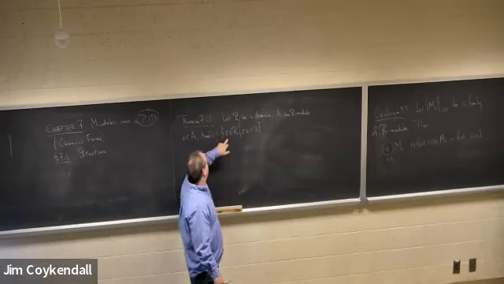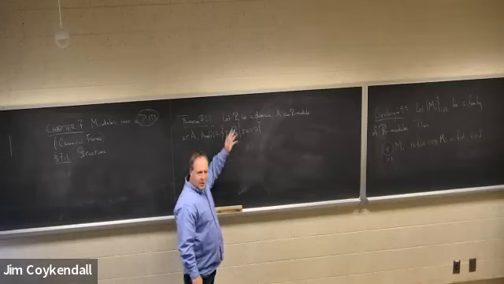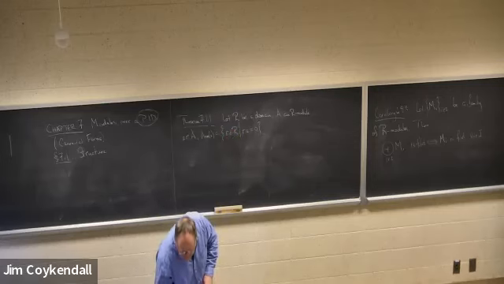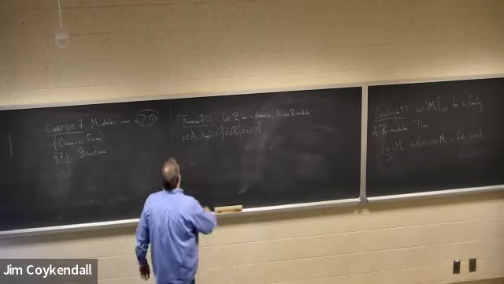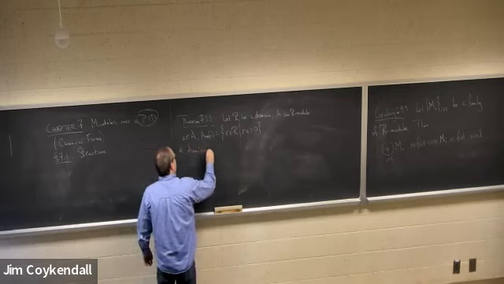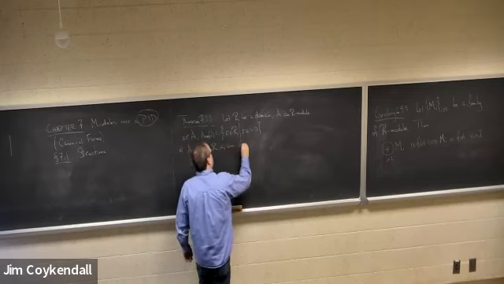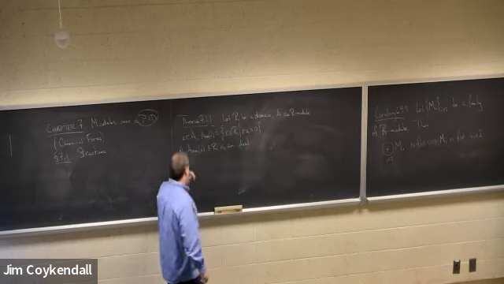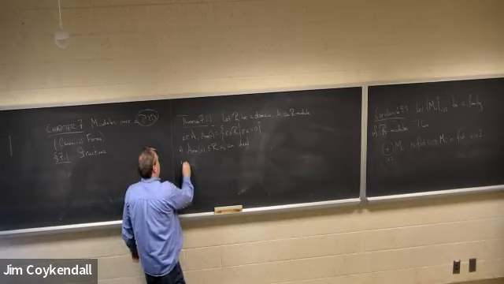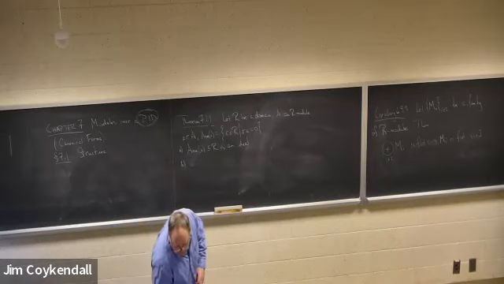The annihilator of a is everything in R that kills a, multiplied by a and get 0. This is sometimes called the annihilator of a. Part A: the annihilator of a, any element of the module, is in fact an ideal of R.